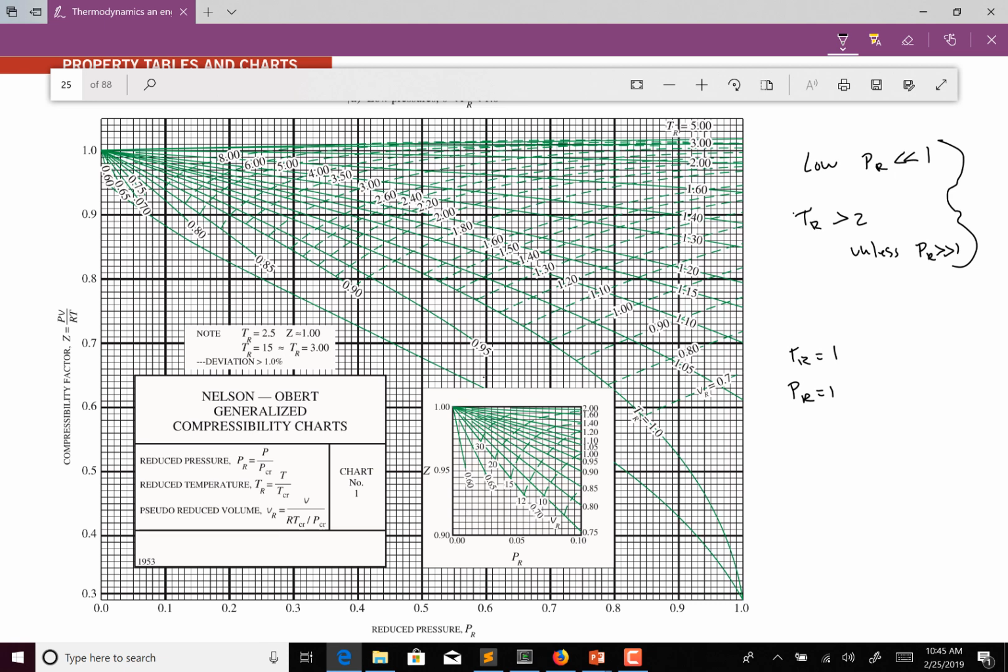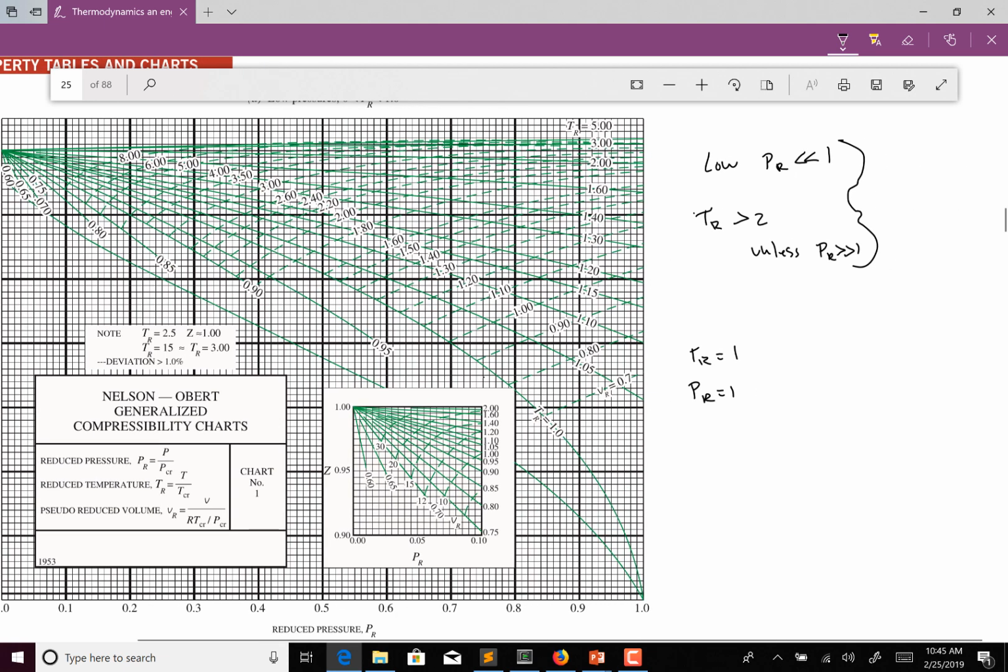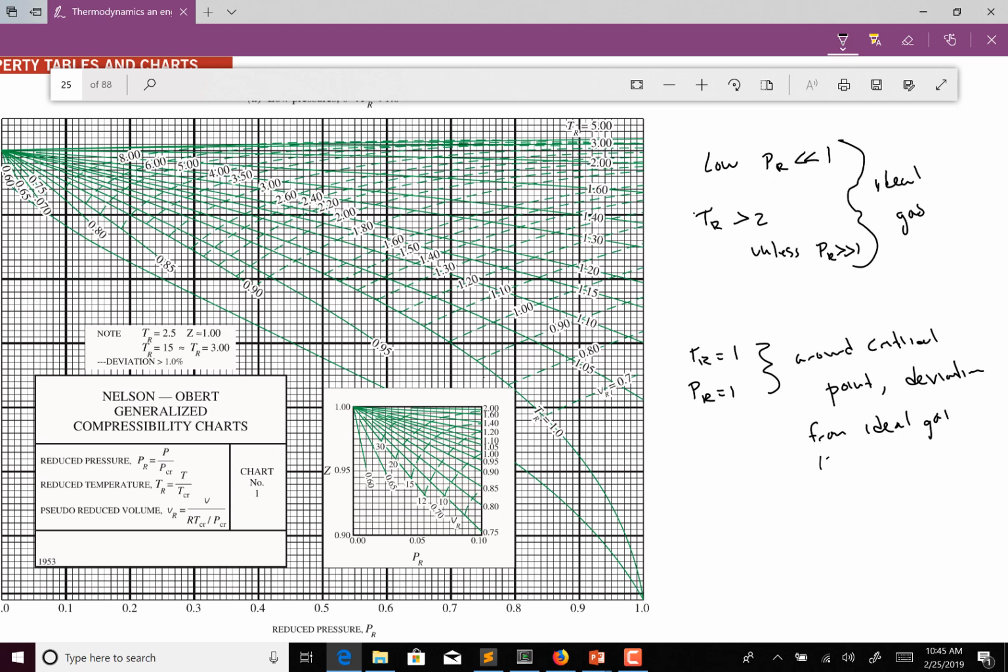So for these up here, we can assume that our gas probably behaves as an ideal gas. Here, this would be around the critical point. Deviation from ideal gas is greatest.